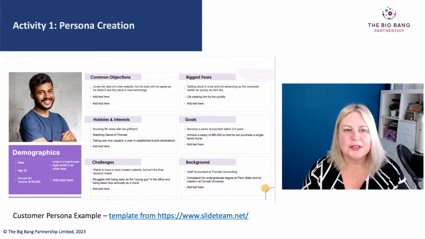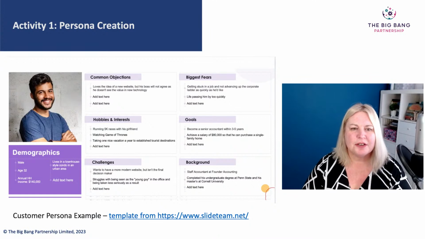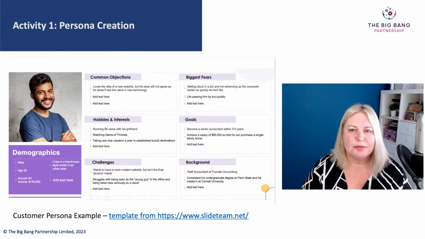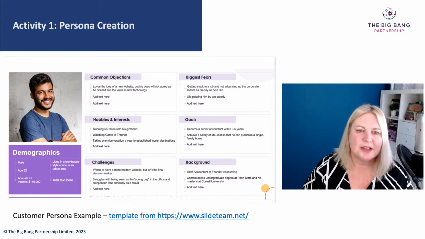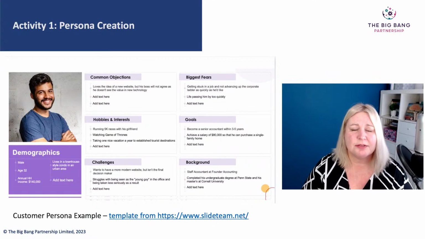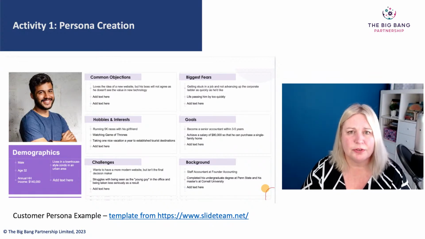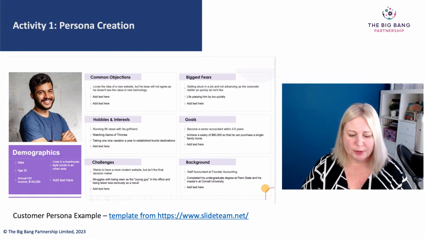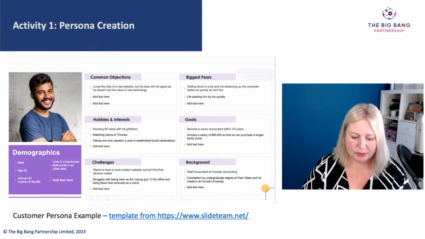So this example has a picture, some demographics, but then some of the interesting areas around goals and challenges and things that worry them, hobbies, interests, whatever categories from the list that I've shared that are useful for you. Okay, so we've done the welcome and introduction, we've set the scene, we've got everybody getting focused on the task in hand with a really good relevant icebreaker or warm-up.